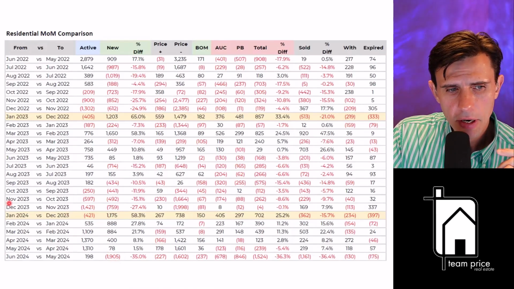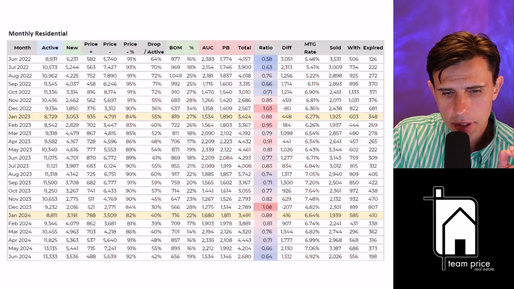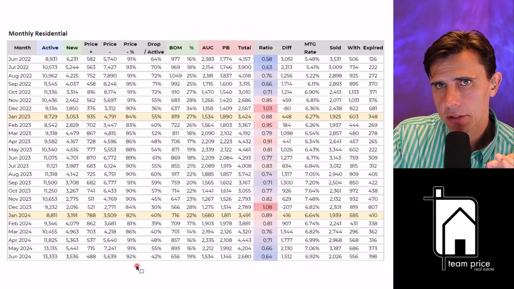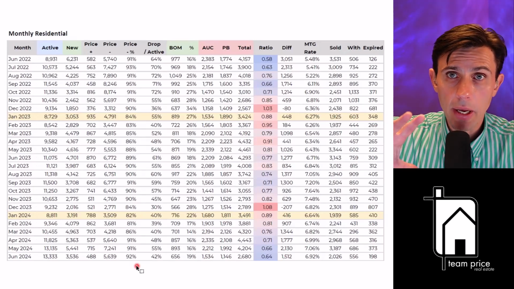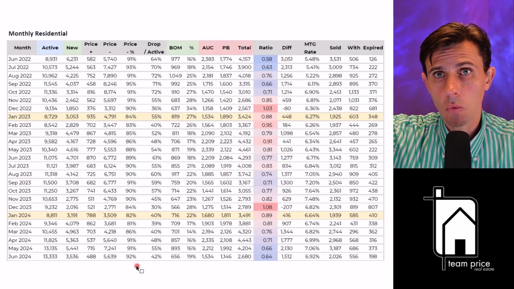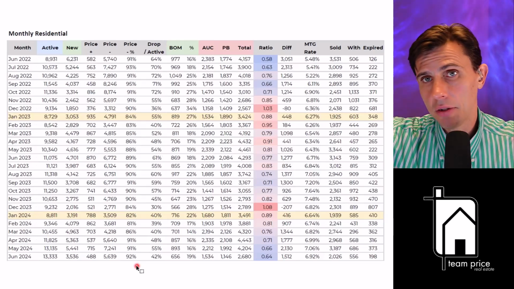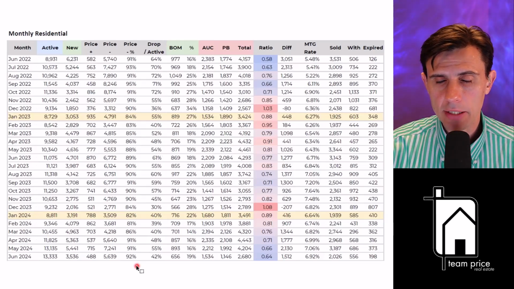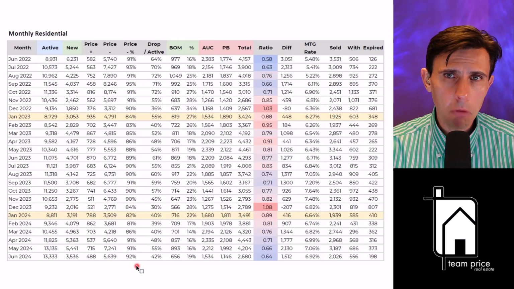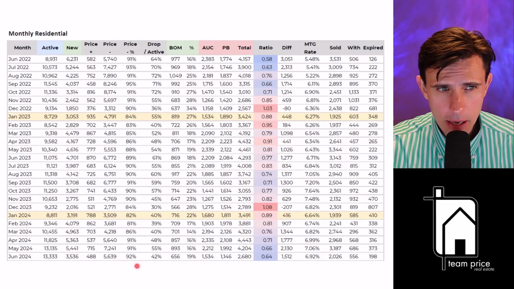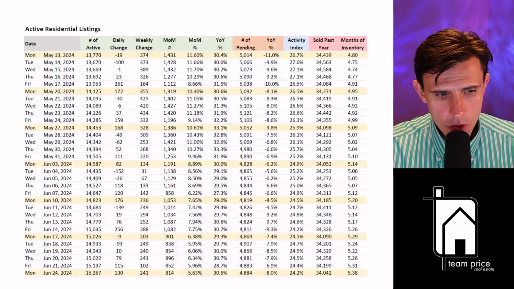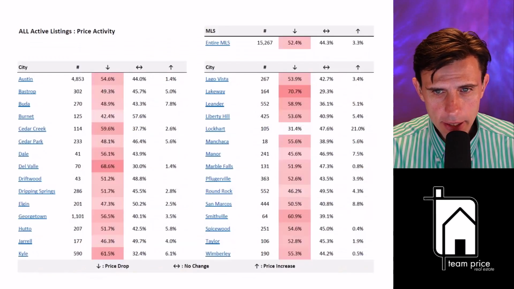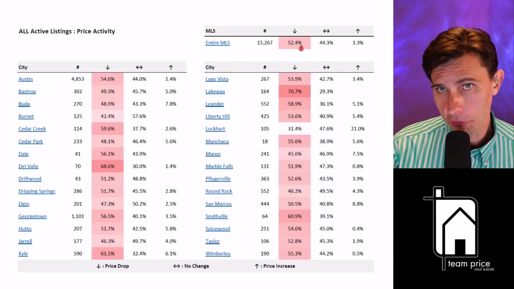Well, let me just clarify the price drops. What the 92% is, out of everything that either went up or down in price, what percentage went down? That's what that means. So when you look at the number of properties that have had a price drop, that can be found right here, and that's 52.4%.